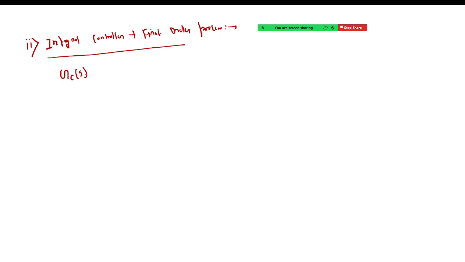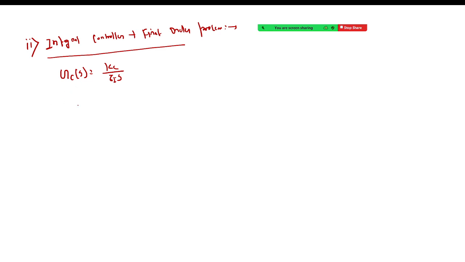Now I'll be using an integral controller plus a first order process. I told you the transfer function of the integral controller is Kc by tau I into S. Is it clear?